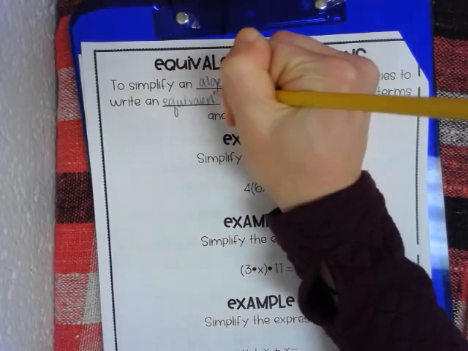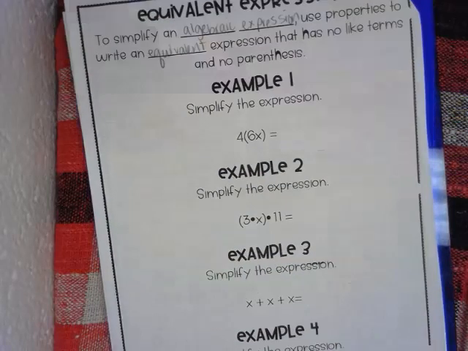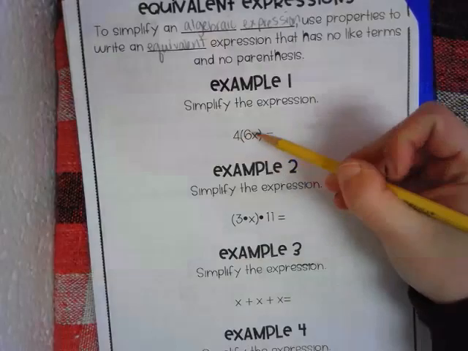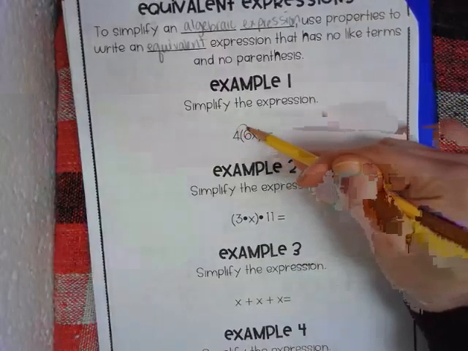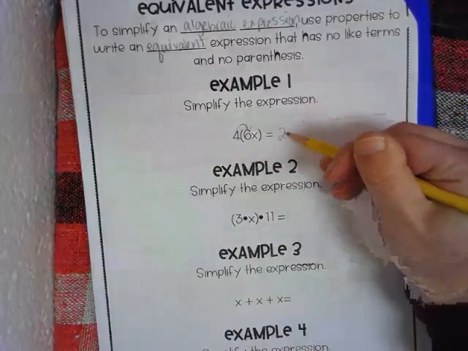Okay, so our goal is to write the most simple expression that we can. So if we have 4 times 6x, remember, I can distribute that 4 to the stuff inside parentheses, and I get 24x.